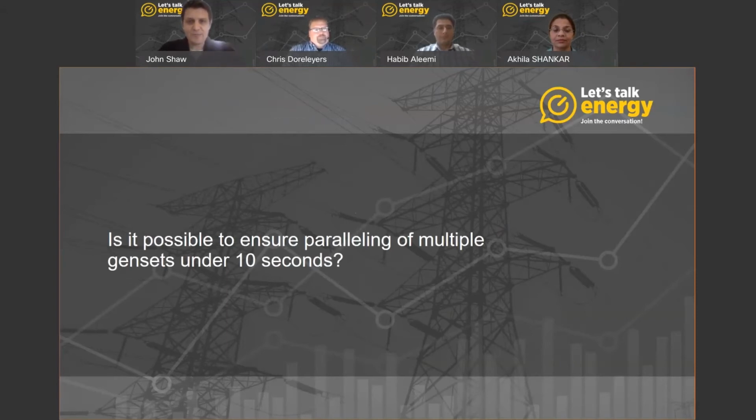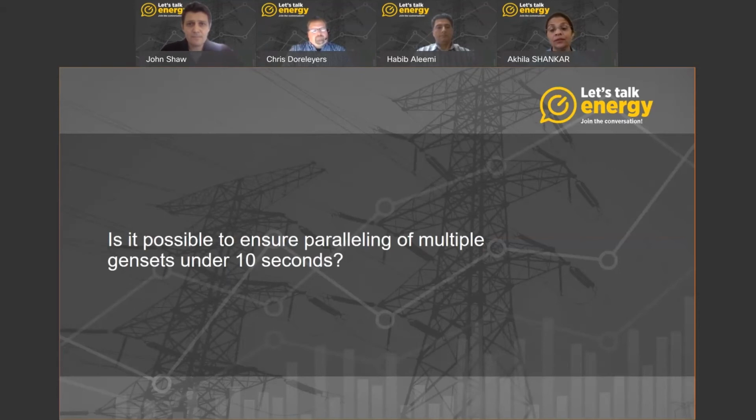So Akhila, do you have any examples where CEP would be required or written into a spec? We actually have examples of over 15 hospital projects in Eastern Canada where synchronization of multiple diesel gensets was achieved in under 10 seconds.